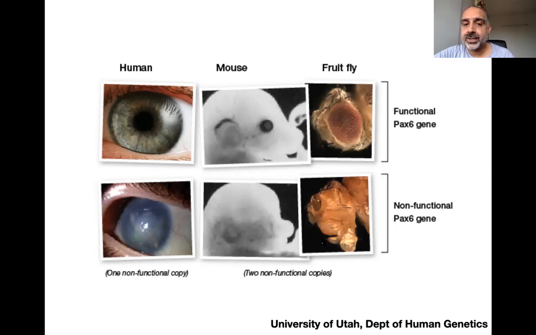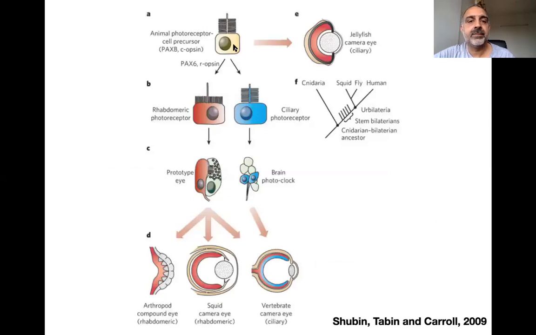How this is happening is not incredibly clear, to be honest, because the photoreceptors between a fly and a mouse are incredibly different. We think of the vertebrate eye, the arthropod eye, and the squid eye, which is also dependent on PAX6, as being very different, either compound or this binocular camera eye.